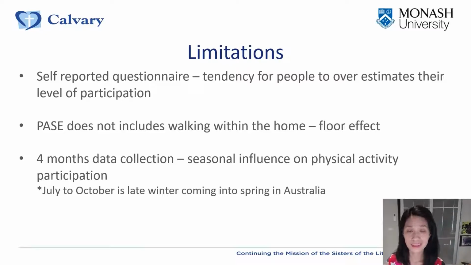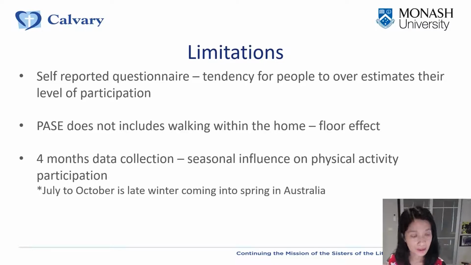And those are the ones that you could easily pick out. For the others reporting less than 24 hours of activity, it's a bit harder to tell whether it's a true reflection or not. And that's one of the reasons why the first item of the PASE was included, to give you a snapshot of a whole day, so you can gauge if they're overestimating or not.